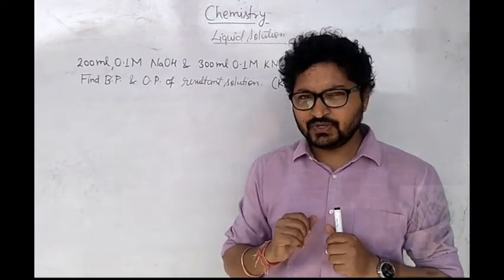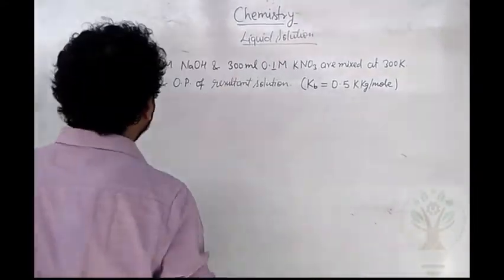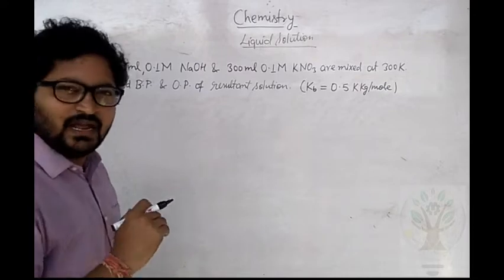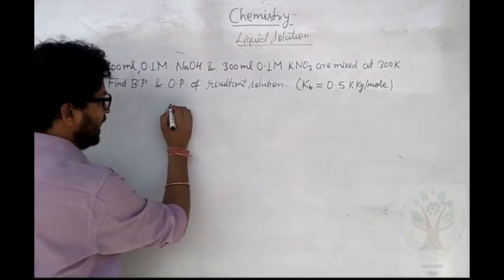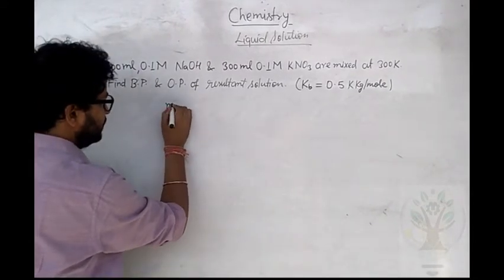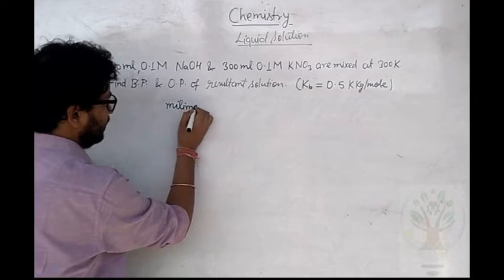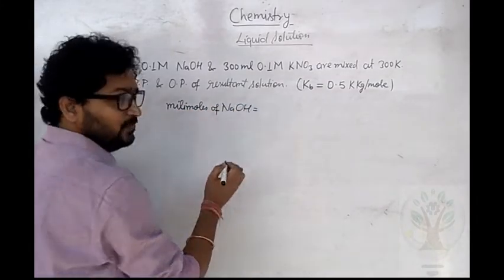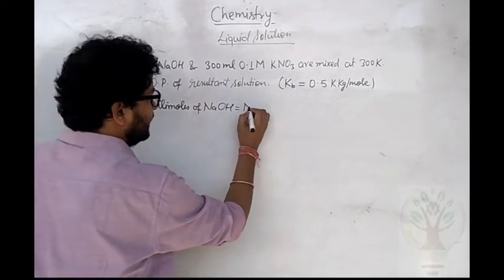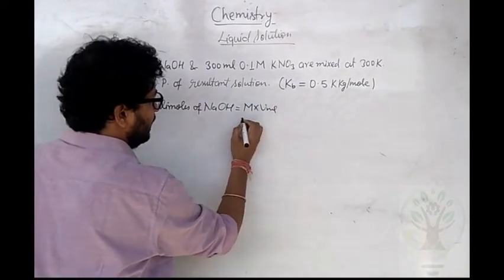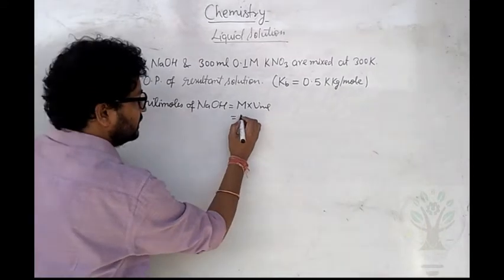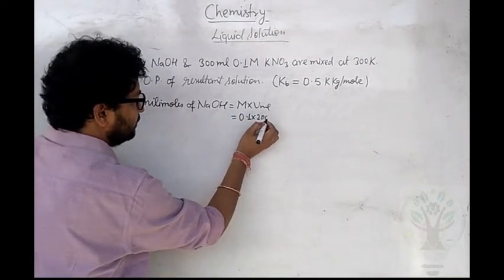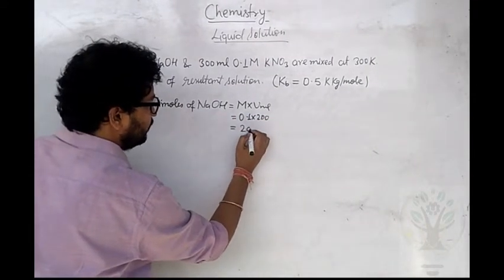Now what is happening here, we have 200 ml 0.1 molar NaOH. So can you tell me how many millimoles of NaOH I have added? Millimoles of NaOH added will be molarity into volume in ml. It will be 0.1 into 200. That is how much? 20.